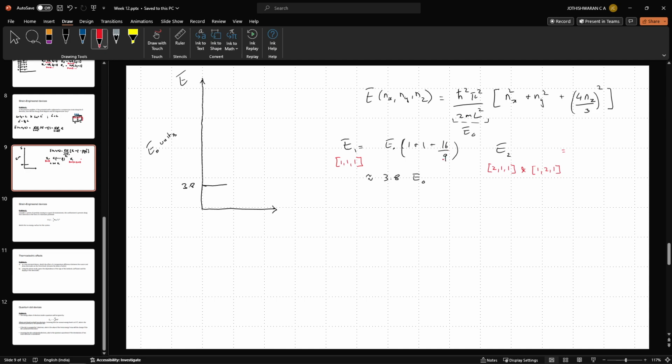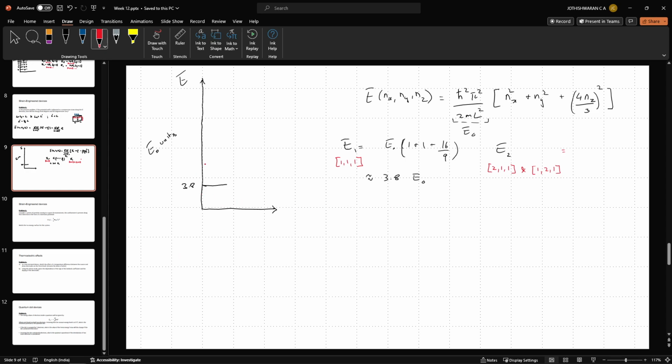So that is going to be 9 plus 36, 45, plus 16. So that's 61 by 9. That is going to be, 54 and another 7, so approximately 6.8.